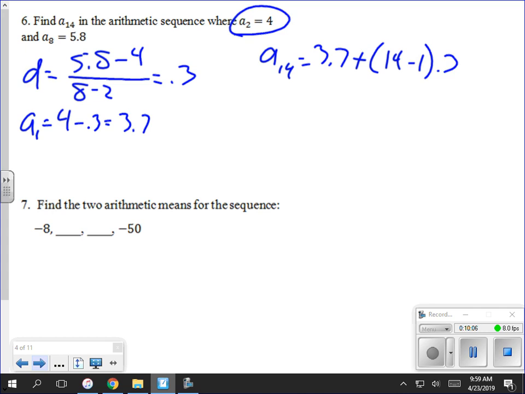And you get, sorry, I accidentally multiplied when I should have added. 7.6.